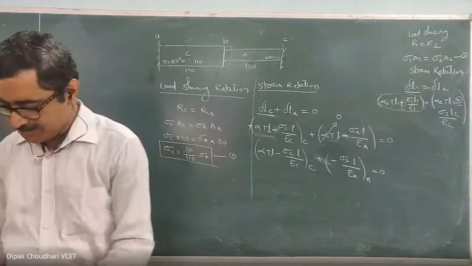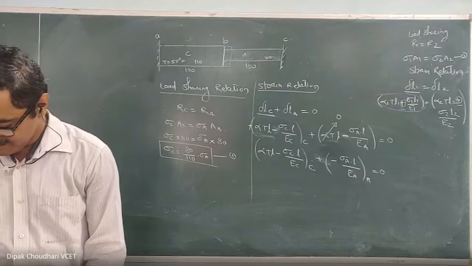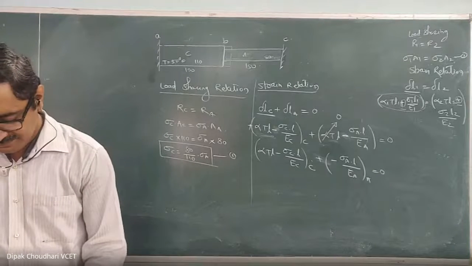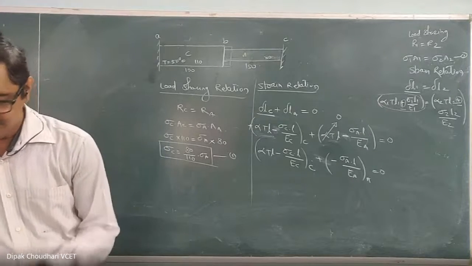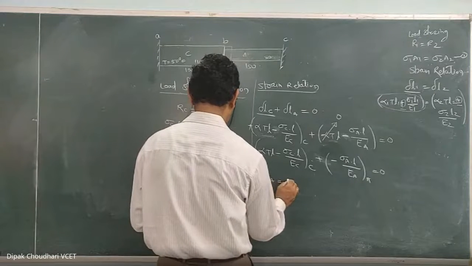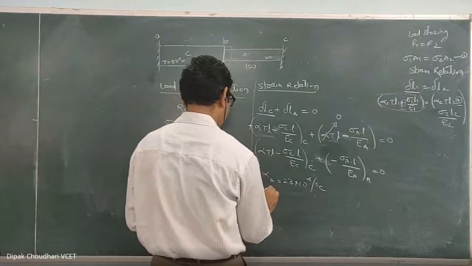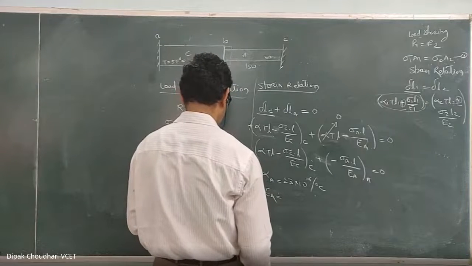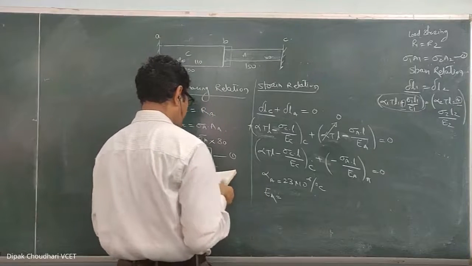It is copper and aluminium. I'll take the values from another sum. Take this value. Alpha for aluminium is 23 into 10 raised to minus 6 per degree Celsius. And modulus of elasticity for aluminium is 70 GPa.